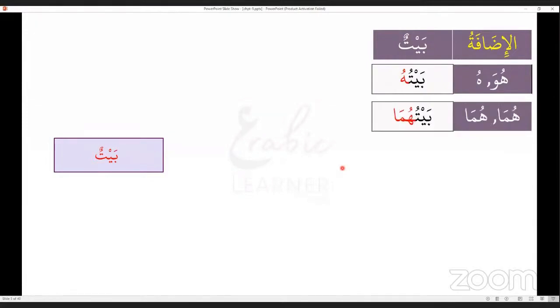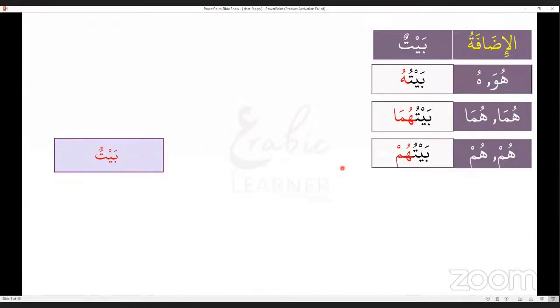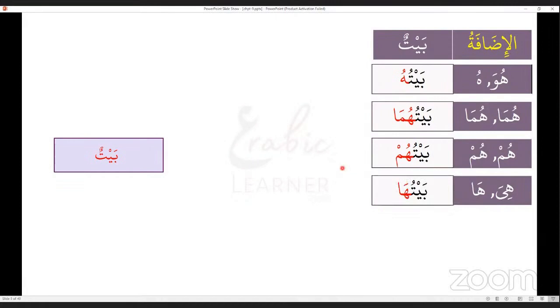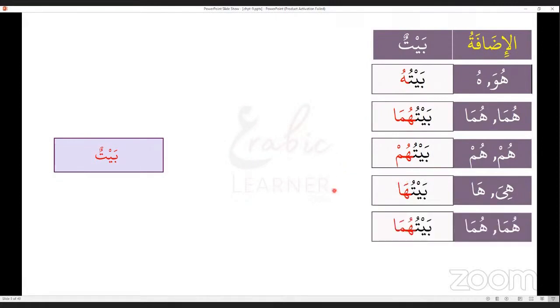Bait for two. Baituhum. House of all of them. Baituha. Her house. Baituhuma. House for two of them, female. Baituhunna. House for all women.